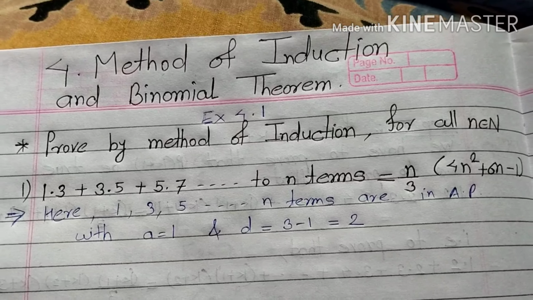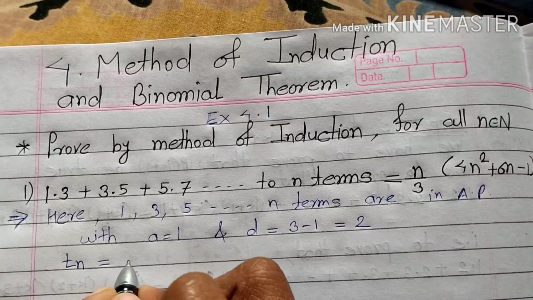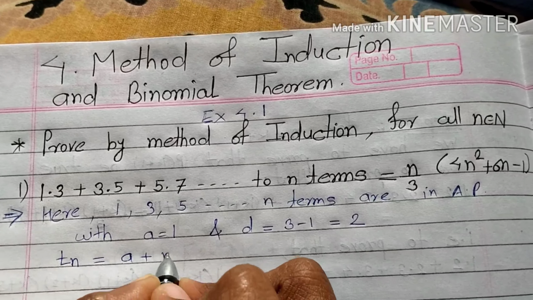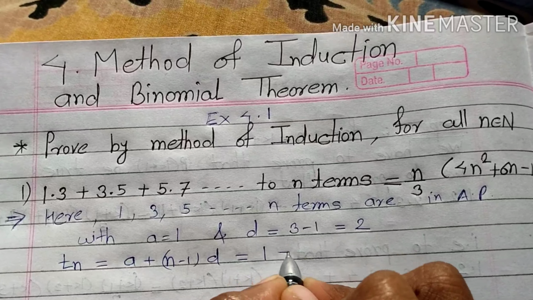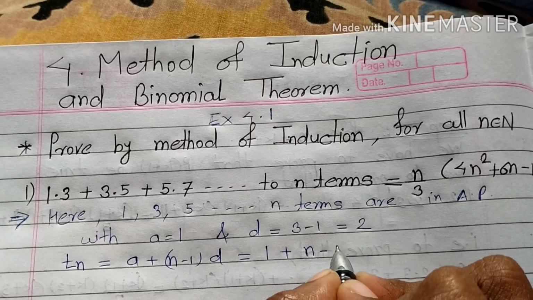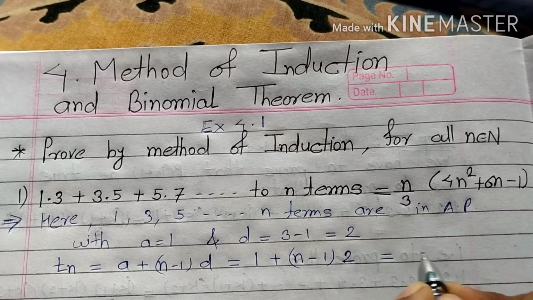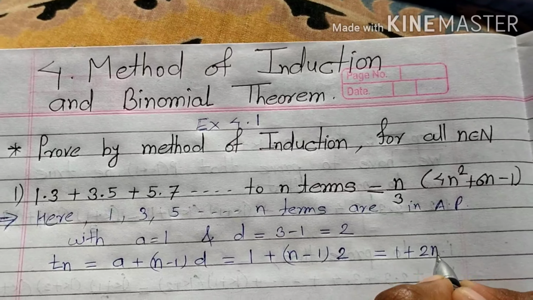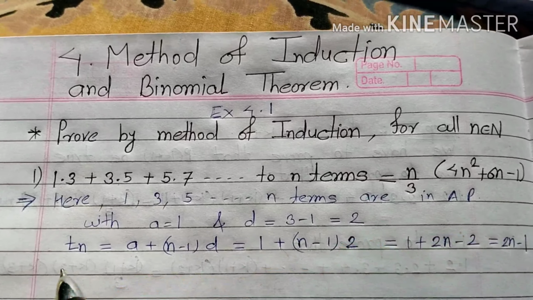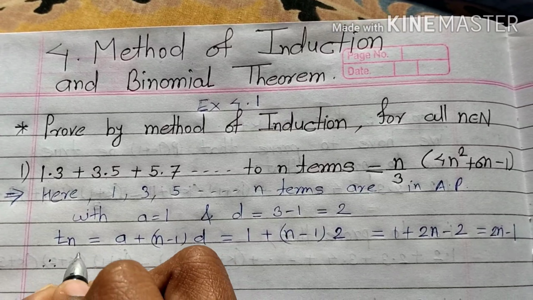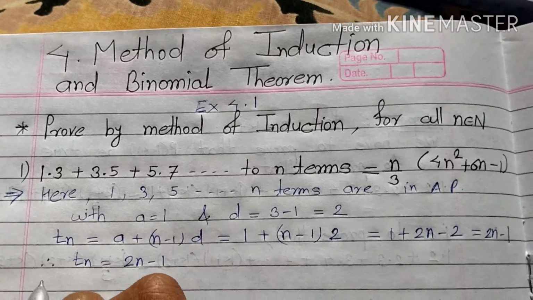So here we find the n-th term, that is Tn, and the formula for Tn is a plus (n minus 1) into d. So the value of a is 1 plus n as it is, and the value of d is 2. So it is 1 plus 2n minus 2, which is equal to 2n minus 1. So therefore this Tn is equal to 2n minus 1.